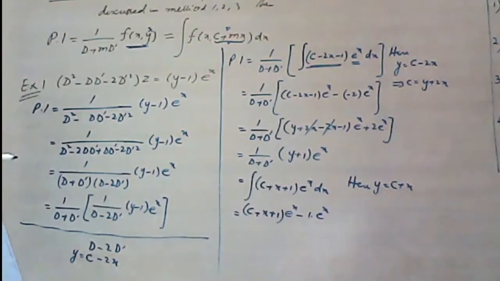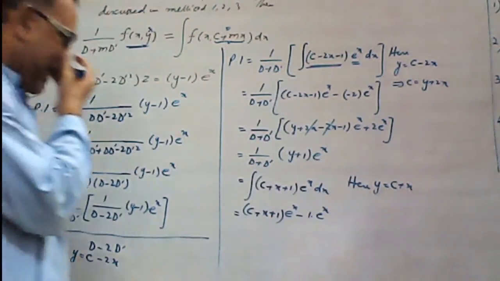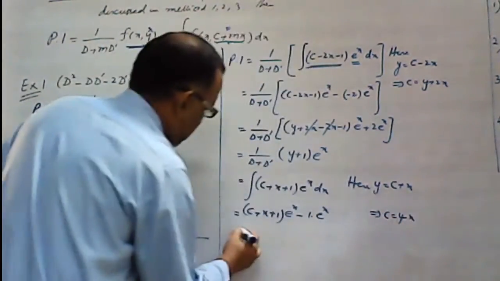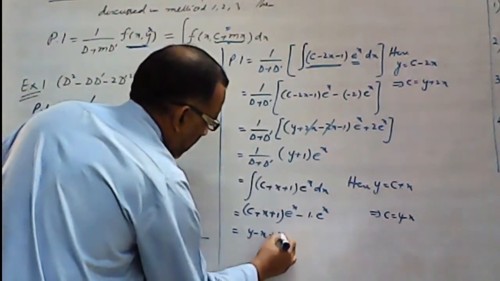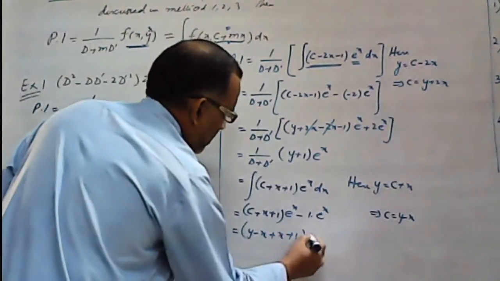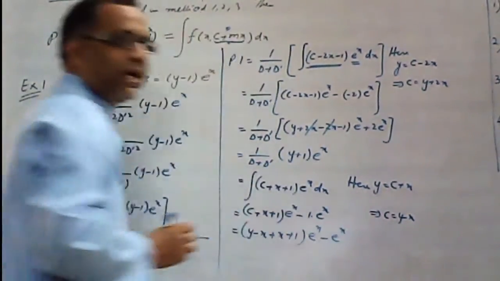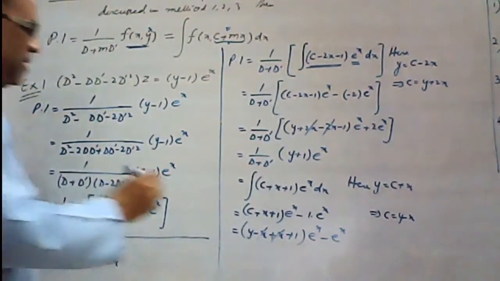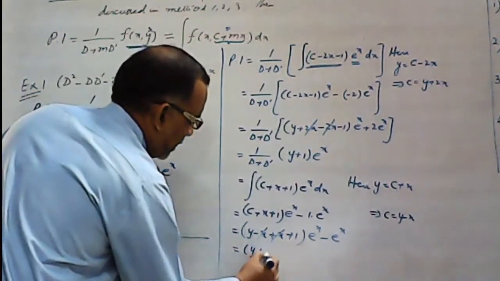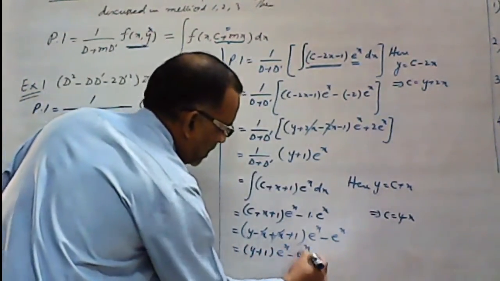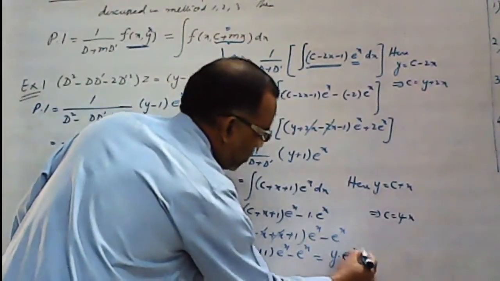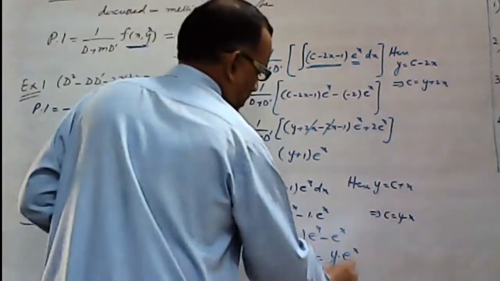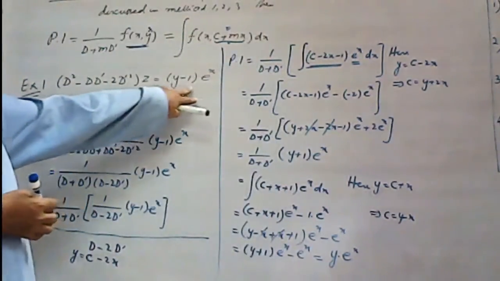By virtue of the by parts formula, and as soon as we are able to integrate, c will be equal to y - x. So (y - x + 1)e^x - e^x. So x cancels with x. So we have (y + 1)e^x - e^x, which means y·e^x. So this will be the particular integral of this term.